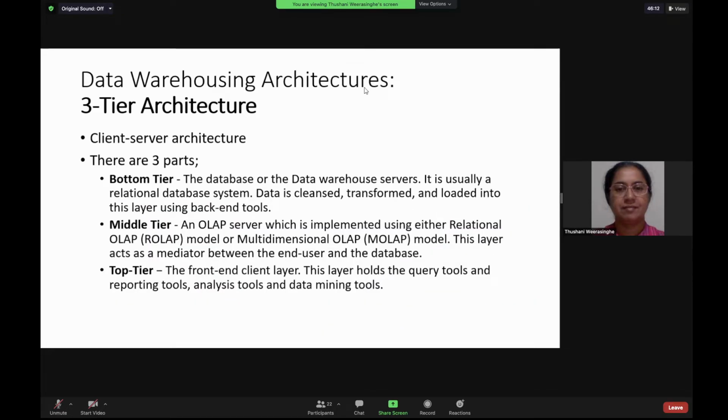Yes, so this one I have explained here. You can see that we can have the online analytical servers as relational or multidimensional, and this will become a mediator between the end user and the database.